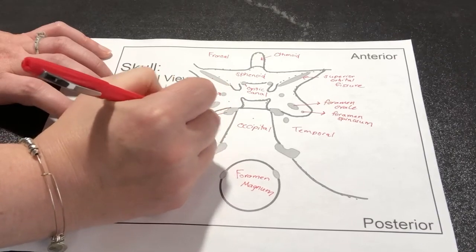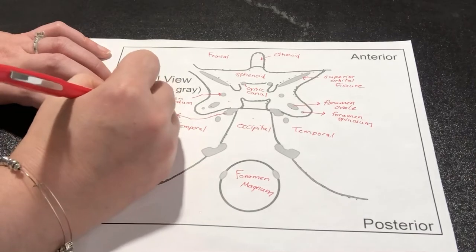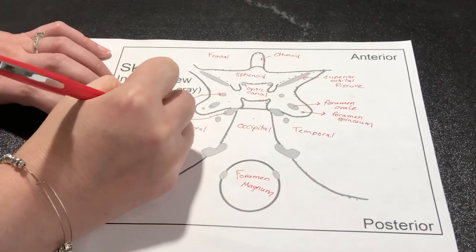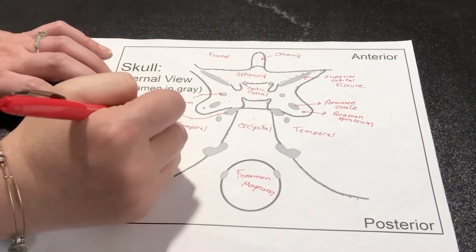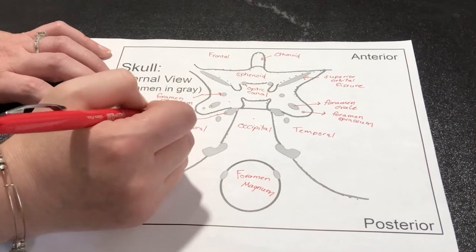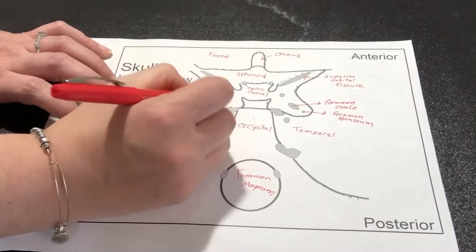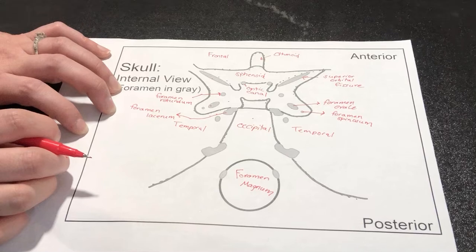This opening is known as the foramen lacerum. And I always tell students, you don't have to say it the absolutely correct way. Say it how you're going to spell it. And the foramen lacerum laces all three of these bones together. So you can think of it that way too if you find that helpful.